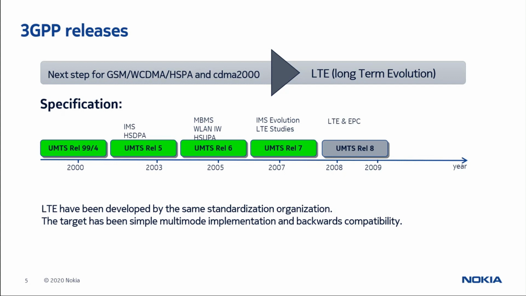And then when the ecosystem developed, how LTE got formally announced in 2008, what we call UMTS release 8. So all these technologies which evolve are mapped under particular releases.